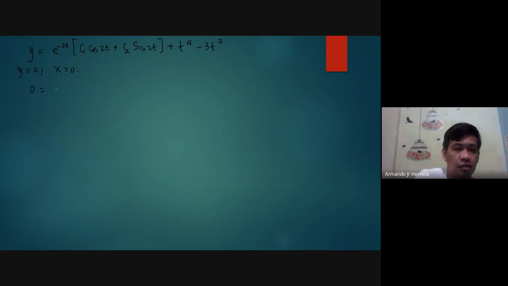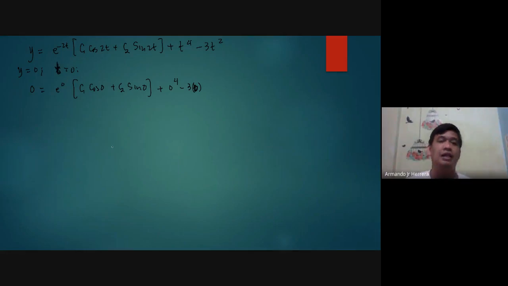So 0 is e to the 0, c1 cosine 0 plus c2 sine 0, 0 to the fourth minus 3 times 0 squared. T is 0 because I used t, not x. So 0, 0, 0, 1, c1 is 0.